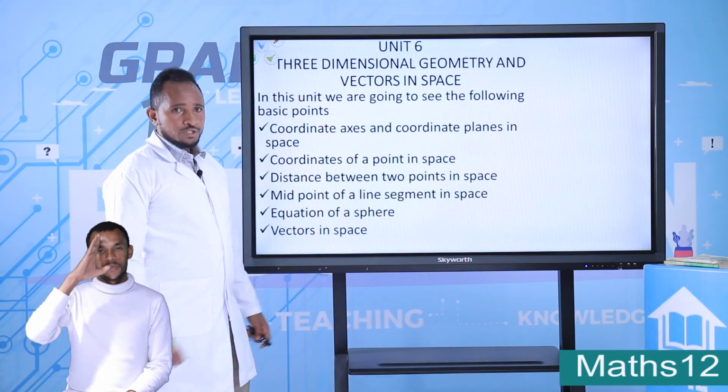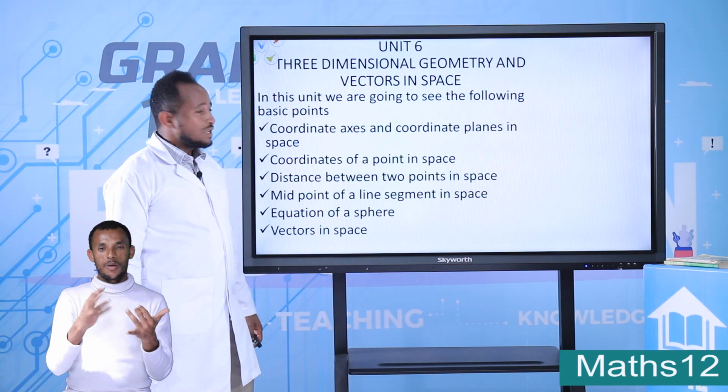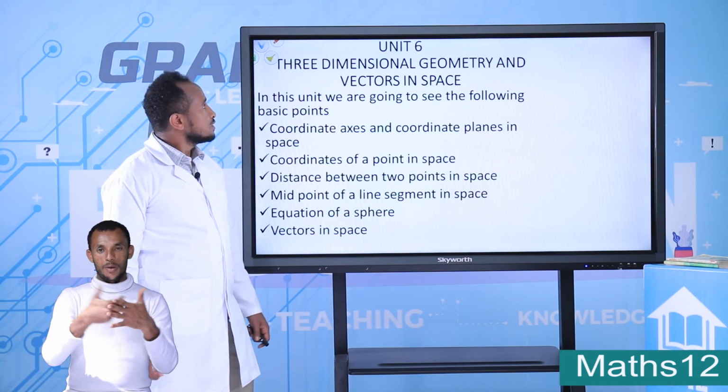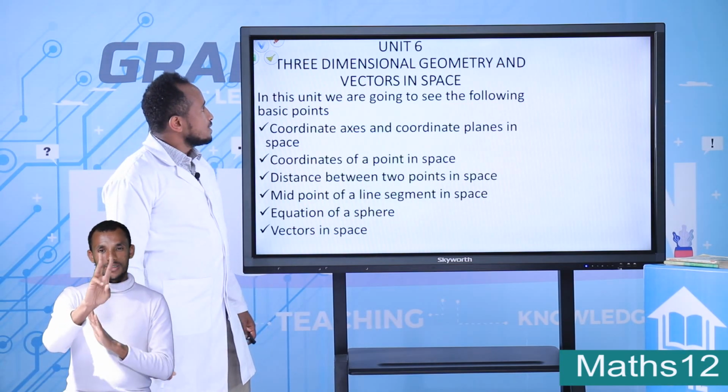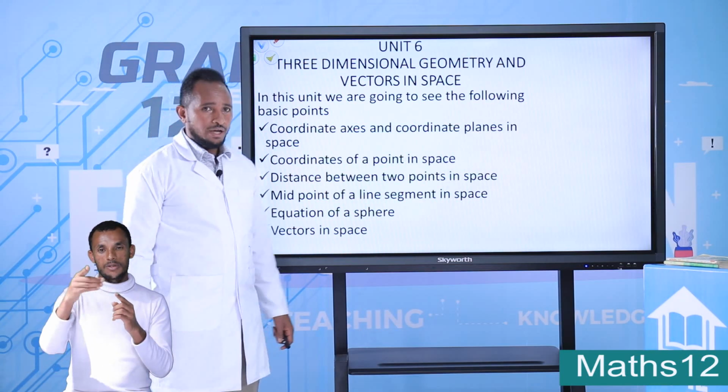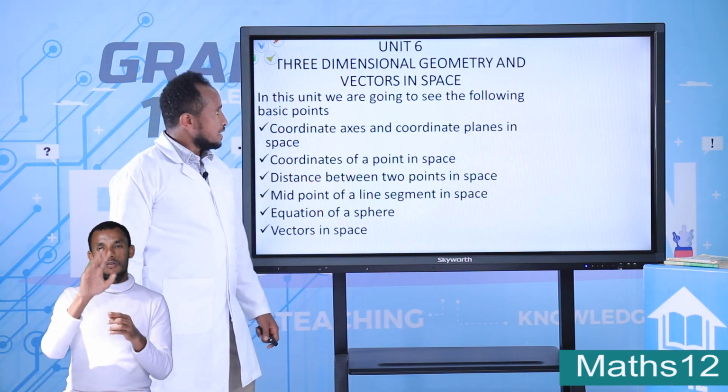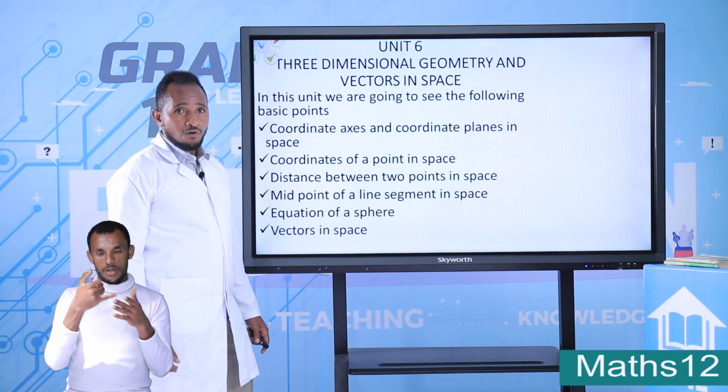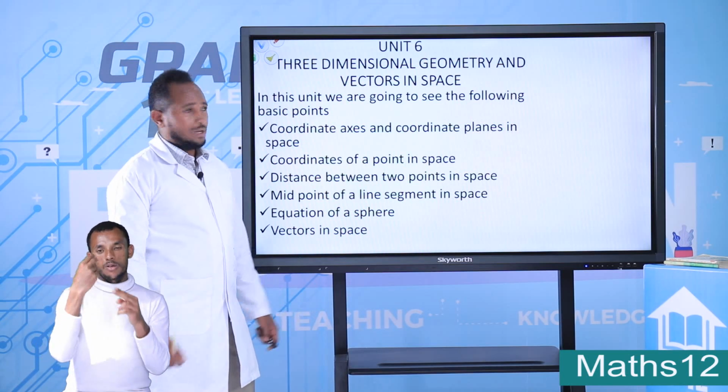Hello dear students, today we are going to see a new chapter, Unit 6, which is three-dimensional geometry and vector in space, which is designed for natural science students only.